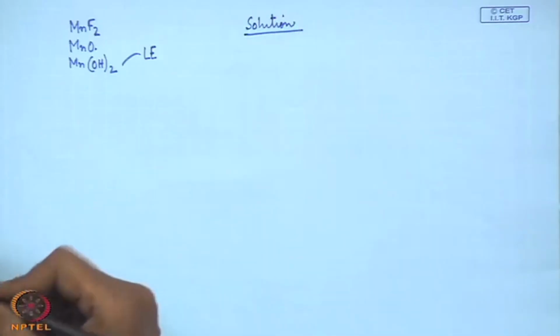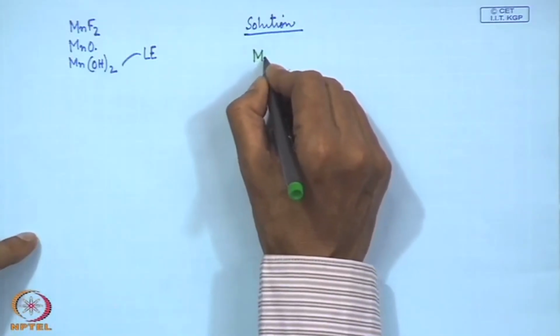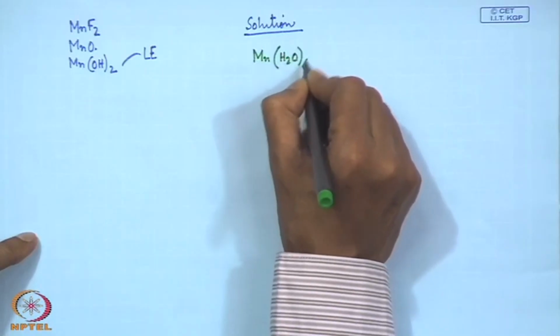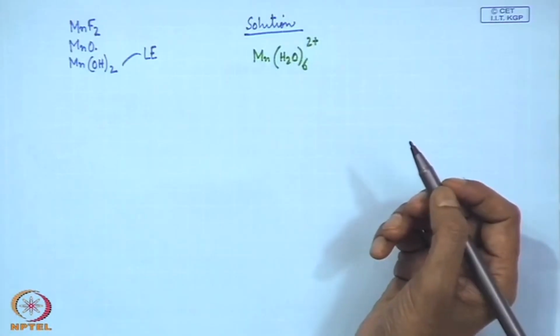there is another thermodynamic parameter which is very important when we look at the interaction, that means the formation of the manganese hexa-aqua species, where manganese is present in the bivalent state.